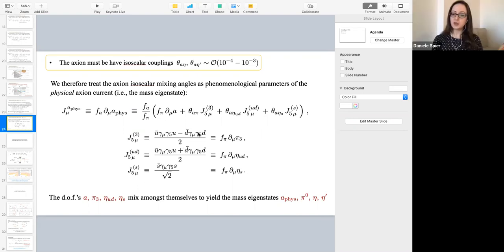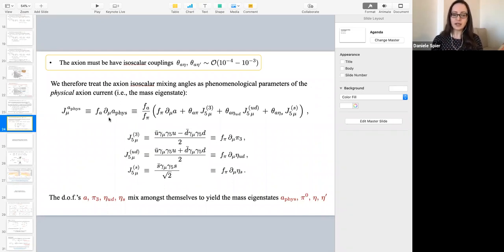And so the best way is to treat them as phenomenological parameters of this model. Sure, in the actual fundamental theory, they are not parameters that you're free to vary. They actually have specific values, but we don't know what they are. And so you treat them as parameters and you include them in the physical axial current.